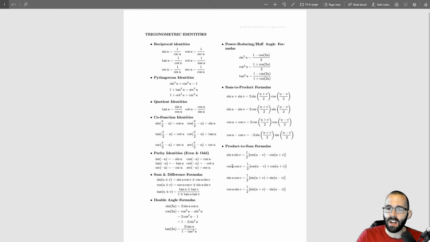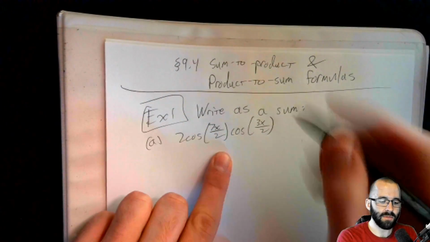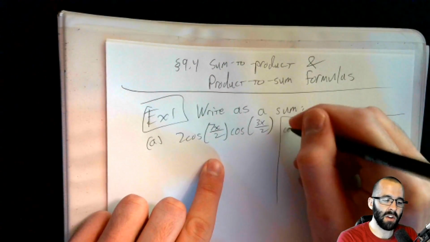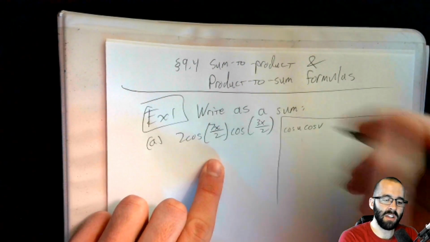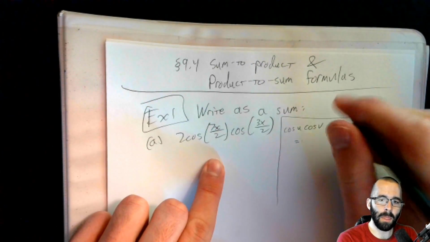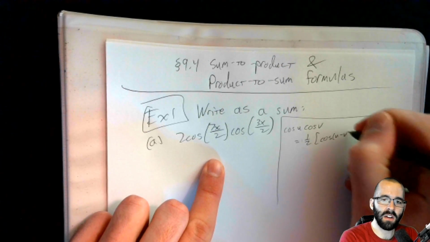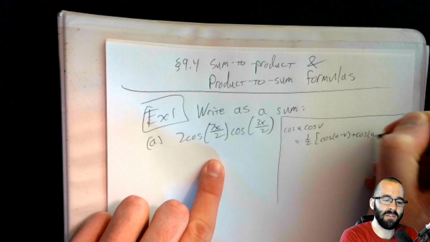We use the second one, cosine of u, cosine of v. Let's copy this down off to the side: the cosine of u times the cosine of v is equal to 1/2 times the cosine of u minus v plus the cosine of u plus v.